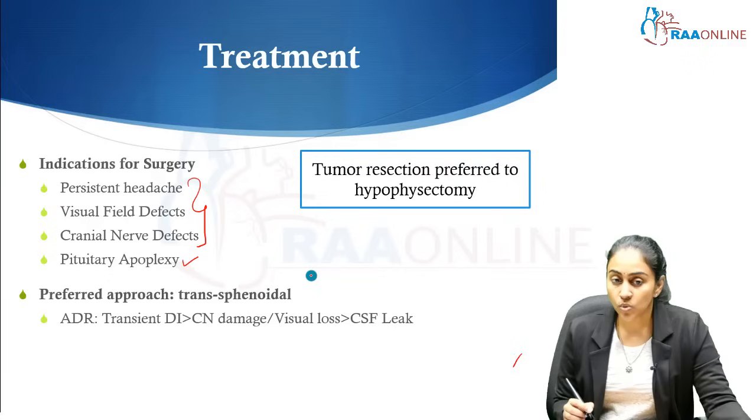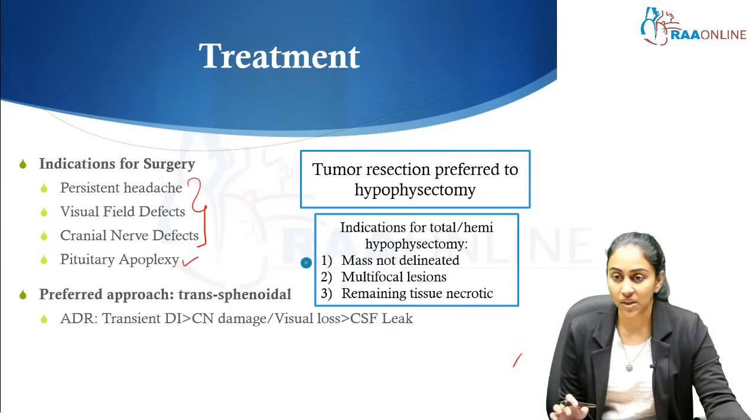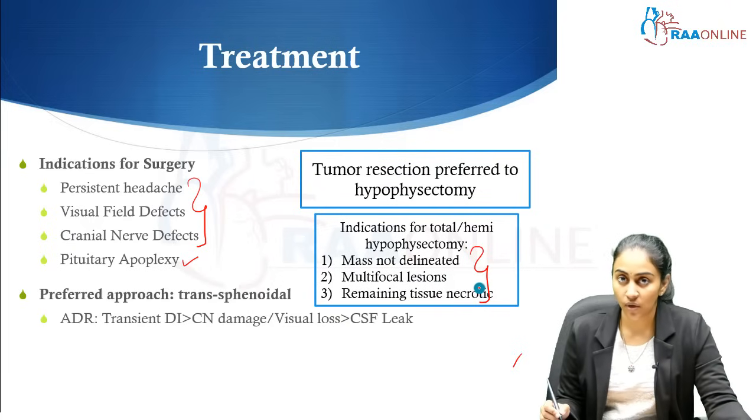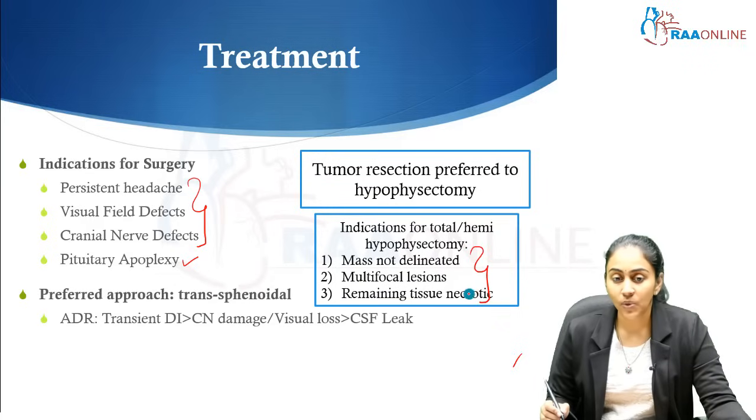Now, generally, tumor resection is actually preferred to entire total hypophysectomy. However, in a few instances, we will have to prefer total or hemihypophysectomy if the mass is not well delineated, if there are multifocal lesions, and if the remaining tissue is necrotic. That is when you will offer hypophysectomy over tumor resection.